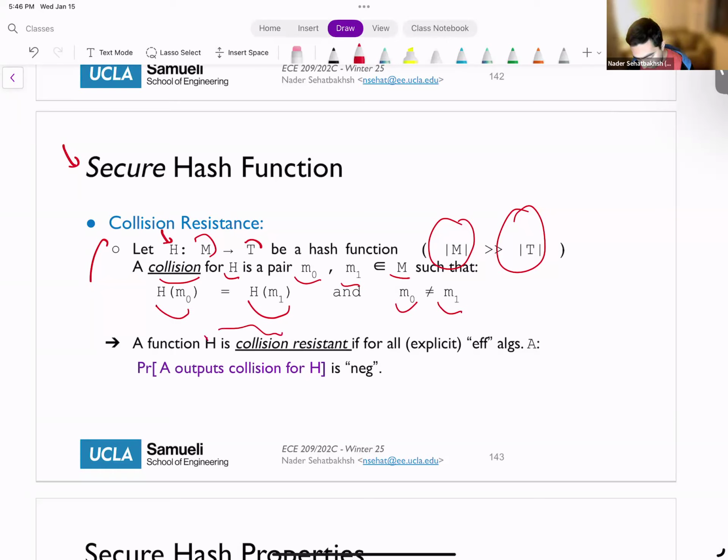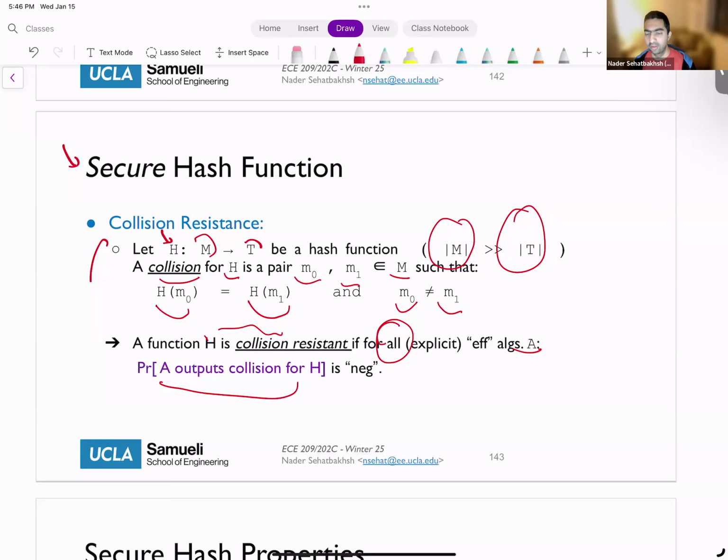So what is a collision resistant hash function? A collision resistant hash function is one where for all efficient algorithms A, the probability of A outputting any collision is negligible. In other words, we don't care what the hash or the function is. We just say that if the adversary can give me two messages that have the same hash, then they break this secure hash function.